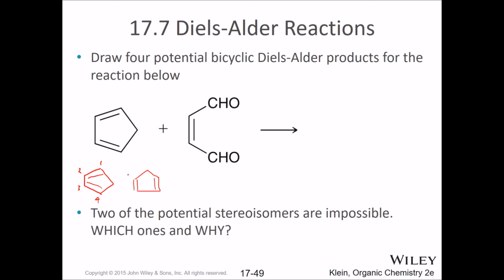So what's going to happen is 6, right? This is going to give us a new 6-membered ring with a bond here. But, so it's 1, 2, 3, 4, 5, and 6.